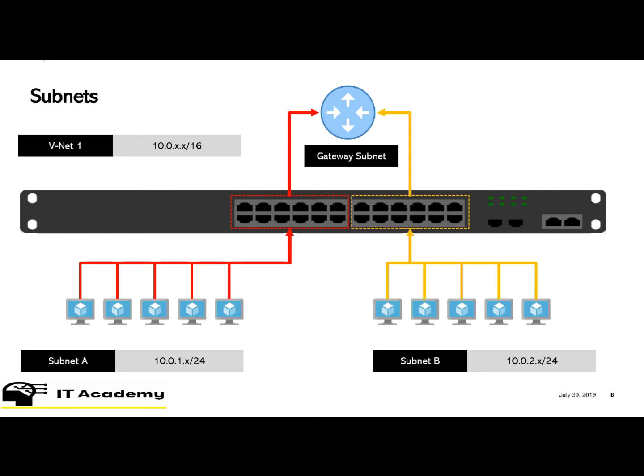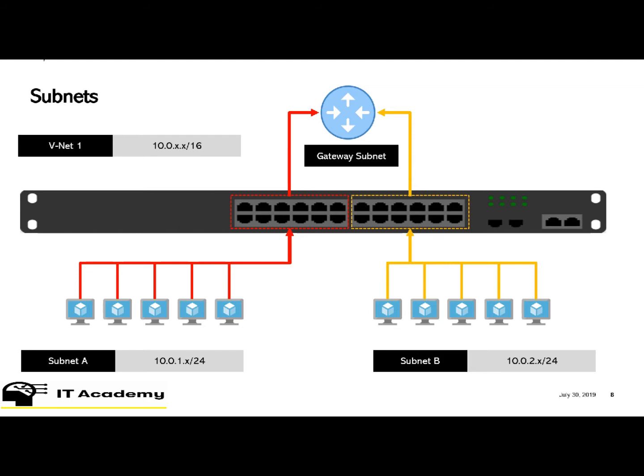What we're doing at the subnet level though, so I'm dividing that class B range of addresses into two class C subnets. So we have here two networks with the network number 10.0.1.x/24, meaning it's got a class C subnet mask of 255.255.255.0, and a subnet B which has an address range of 10.0.2.x, with the last digit being used to identify a host within that subnet.